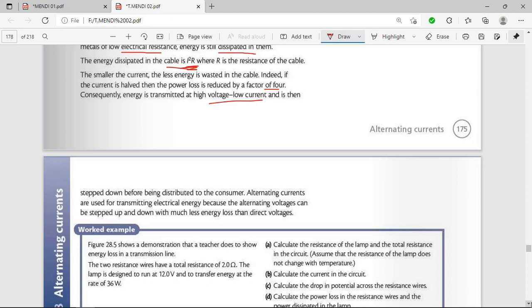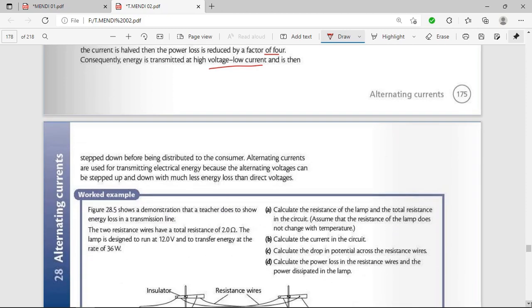Alternating current is used for transmitting electricity because an alternating voltage can be stepped up or stepped down with much less energy loss than direct voltage. So this is the most basic advantage of why we use AC. We use AC because we can step it up or step it down using a transformer.